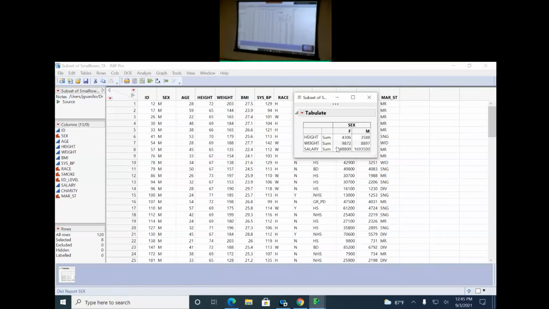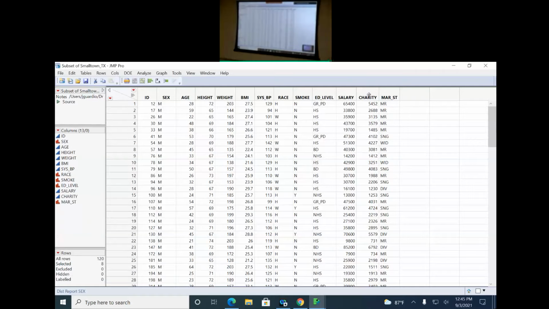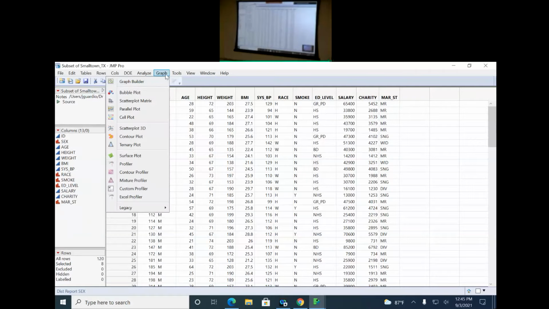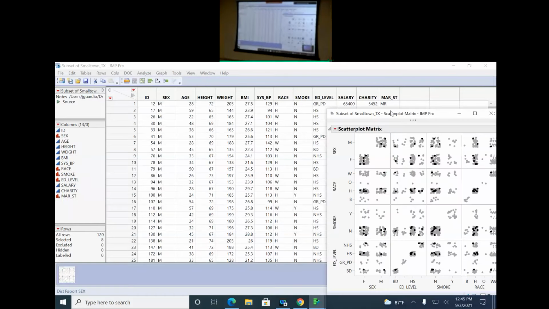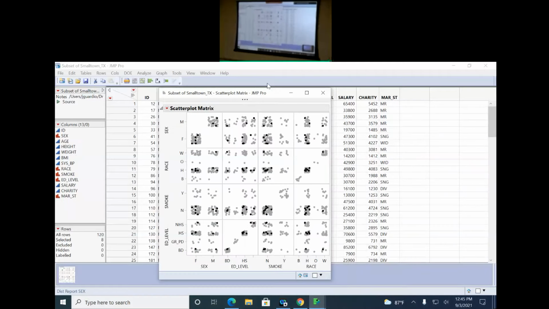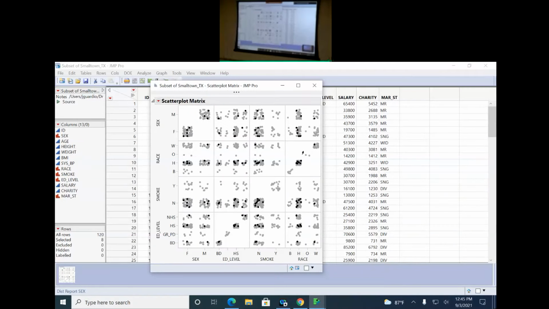Okay, and we can use this data to plot the scatter plot matrix here. So I can give this, and I can give the same variable here. I can have the same variable in the x-axis also. Click on OK. This is your scatter plot matrix. Okay, it looks like this.